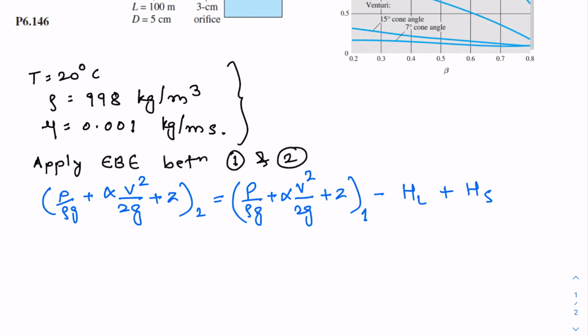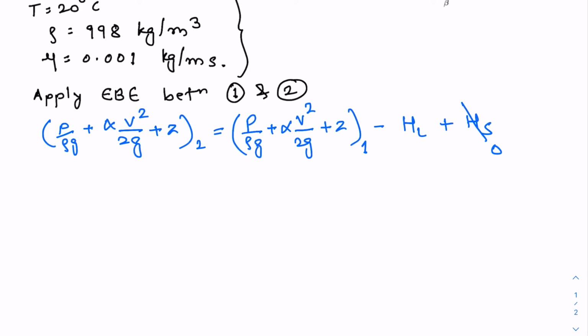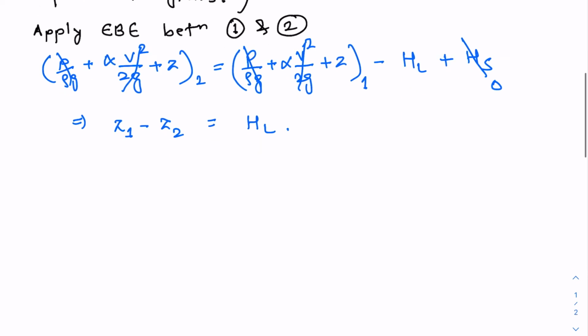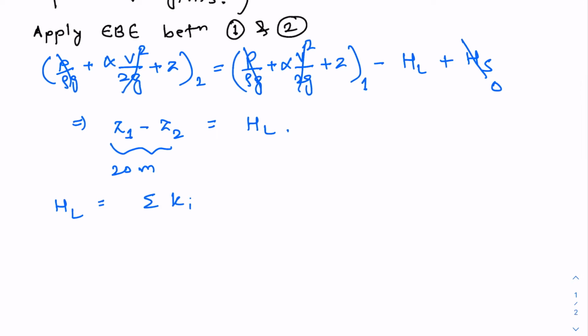There is no shaft work, so the shaft head will be 0 in this case, and also P1 and P2 are 0, V1 and V2 are 0. So that just means Z1 minus Z2 is equal to all the losses. We know this is 20 meters, and H_L is the sum of all the losses, so K_i times V squared by 2g.